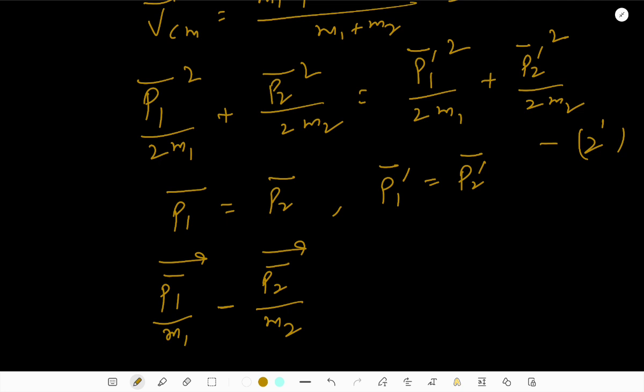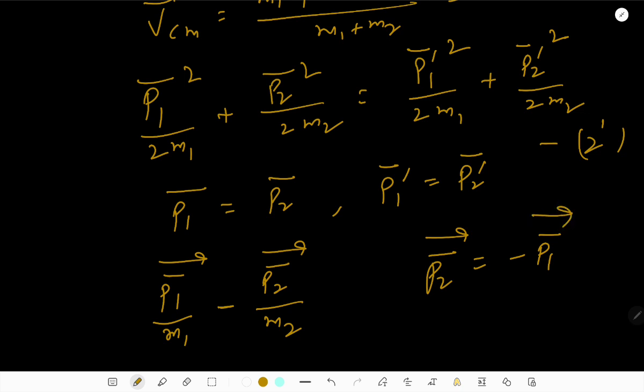So you can write like here, and you will get the magnitude of relative velocity simply by writing p2 bar vector is equal to minus p1 bar vector.